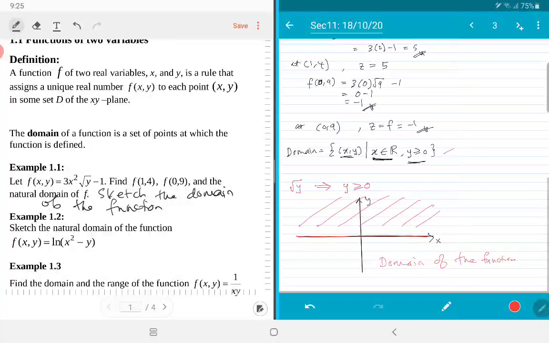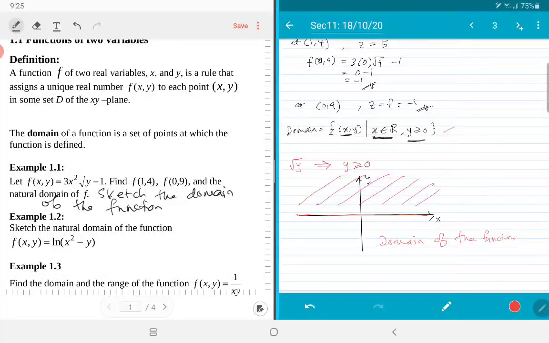And one step further, we also sketched the domain of the function, where we have the area where the points will make the function defined. If any point is here in the third quadrant or the fourth quadrant, then the function won't be defined, because the value of y is negative, and we cannot take the square root of a negative value.